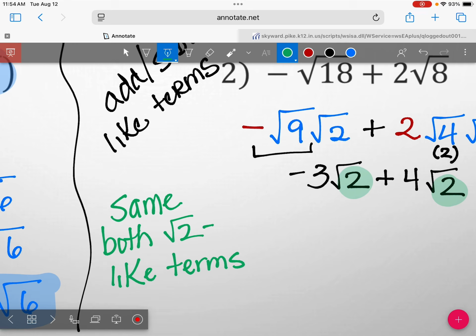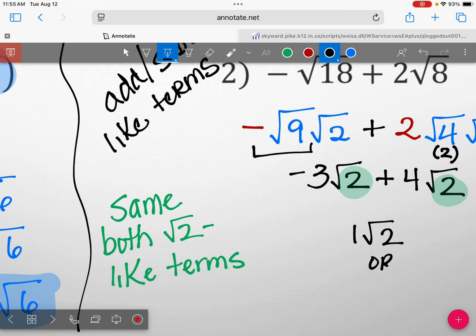And because they're like terms, we can just add these numbers together. So what do you get when you add the -3 and the +4? 1. So your final answer is 1 square root of 2.